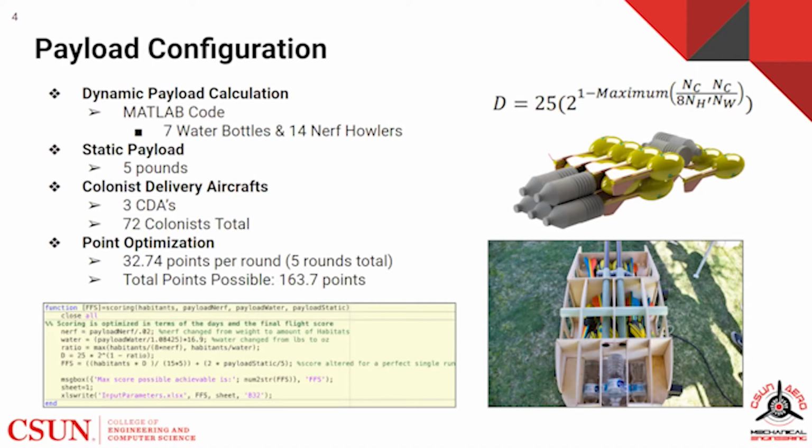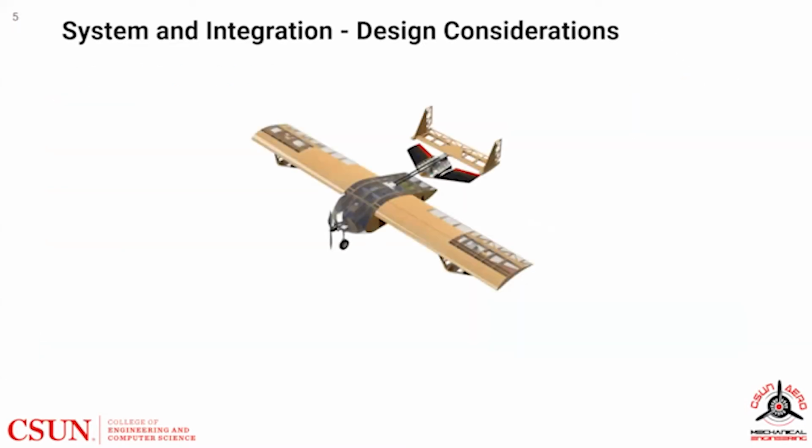As seen in the pictures to the right, here is our dynamic payload, which is dropped with our Nerf howlers and the water bottles, and our fuselage. This is the volume that needed to be maximized in order to accommodate our payload. And next, I will pass it along to Victor.